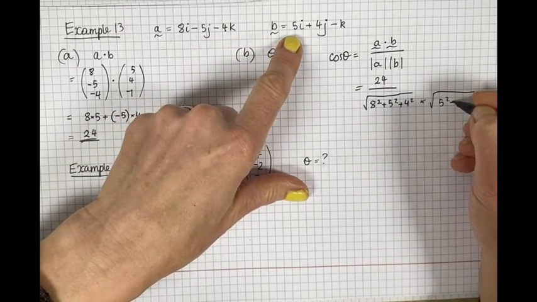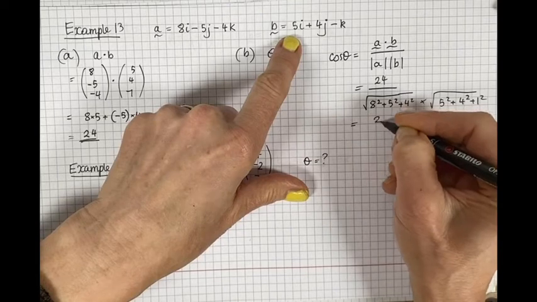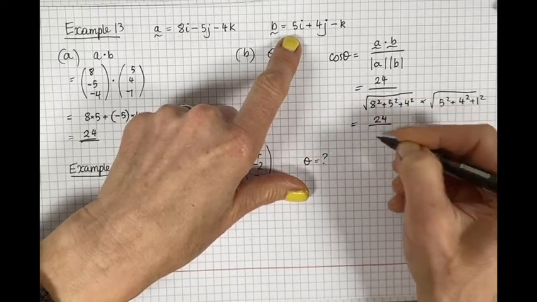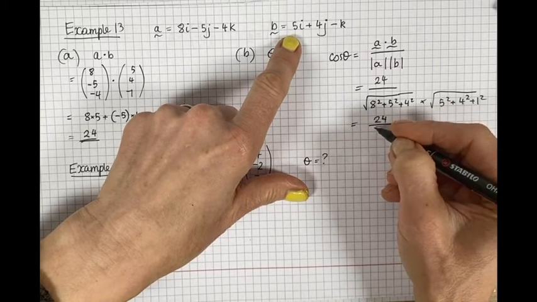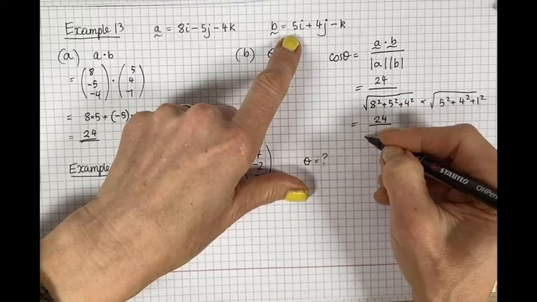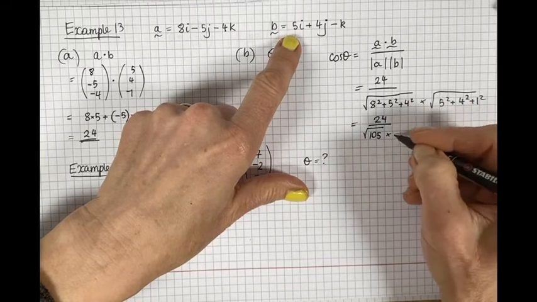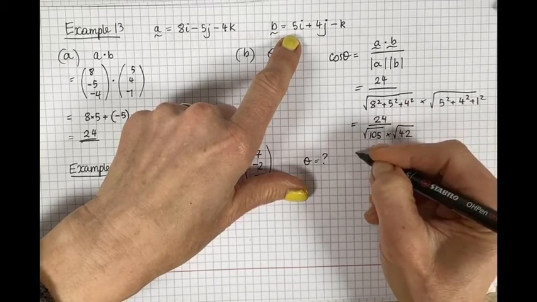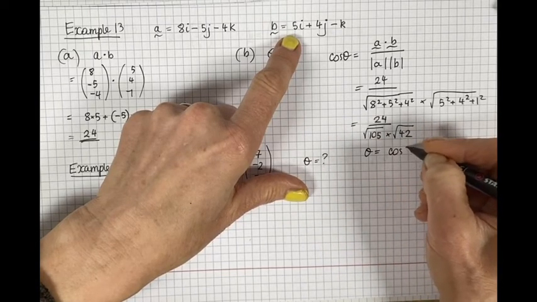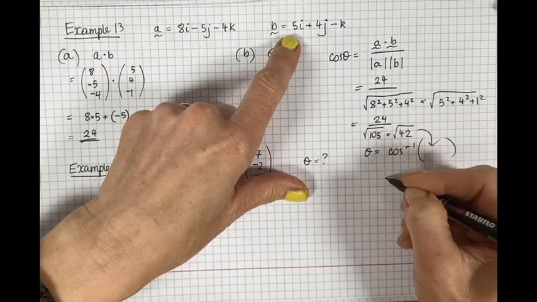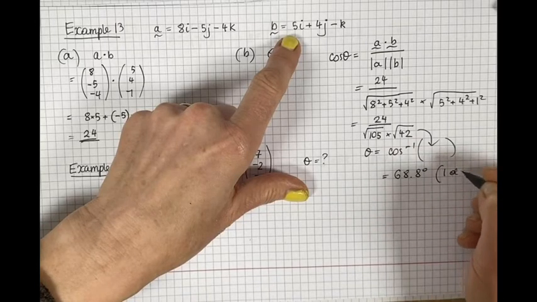For b, 5 squared, add 4 squared, add 1 squared. So that is 24 over square root of 105 times square root of 42. So theta is equal to cos inverse of that value, which gives me 68.8 degrees to 1 decimal place.